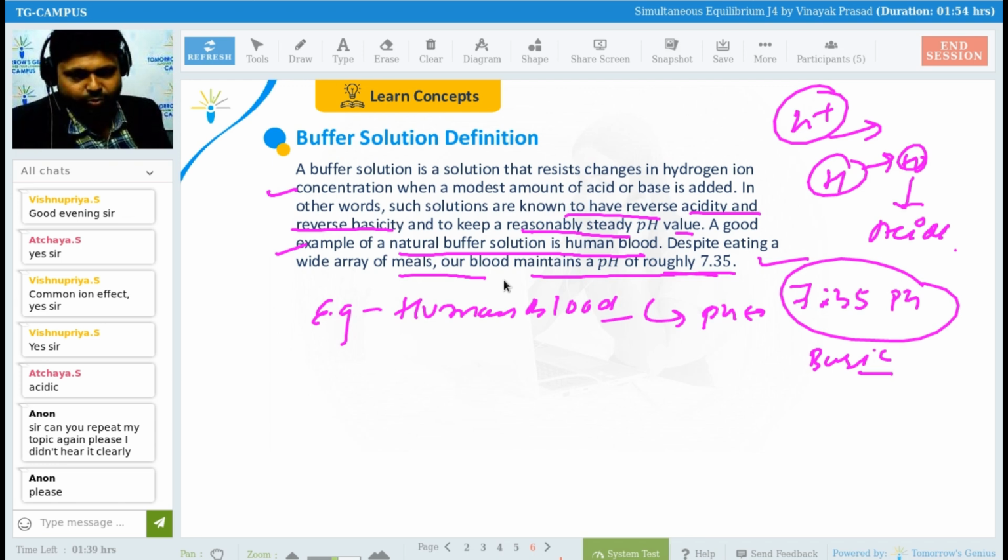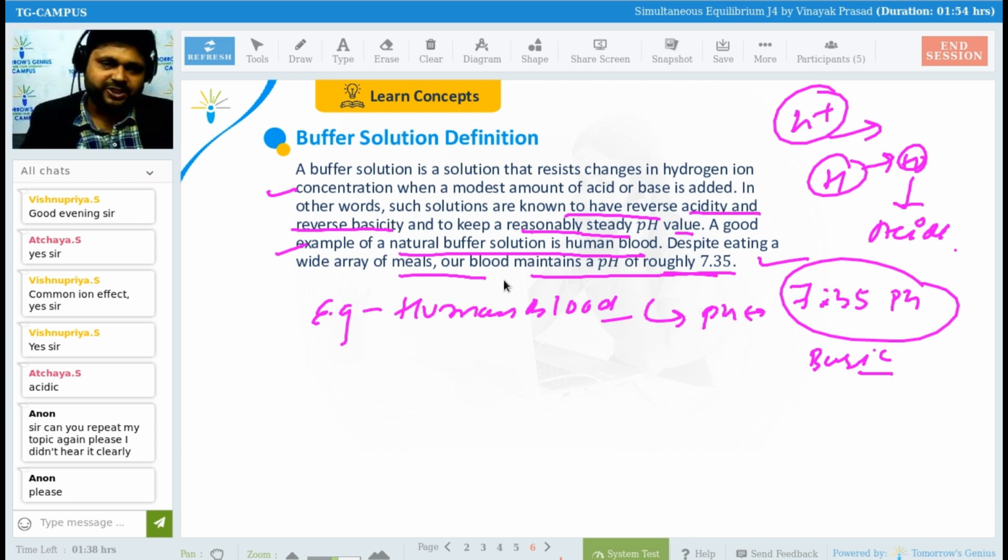Then I'm going to give you one more definition about the buffer solution. If you want to write, then please make note of this. So are you ready for writing? Please have a note of this, guys.